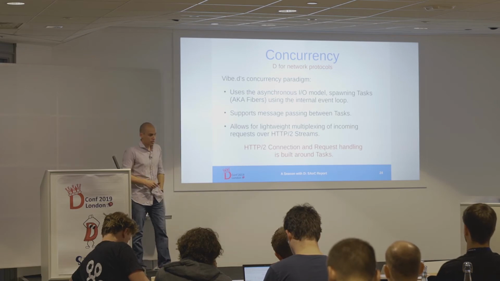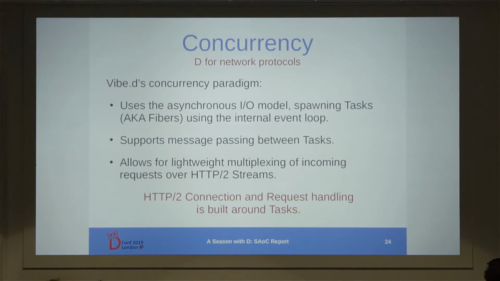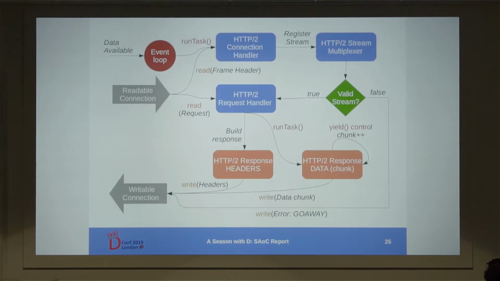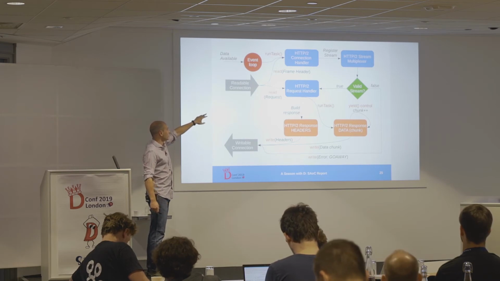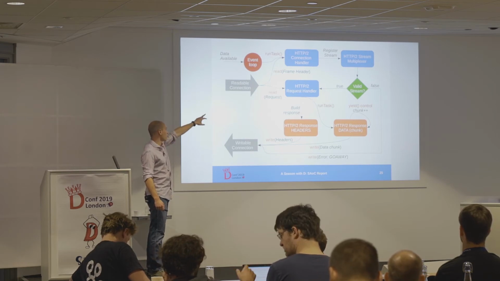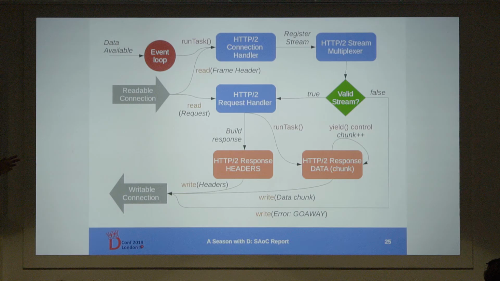We used concurrency in a way to exploit the asynchronous I/O model, and we support message passing between tasks. We built this architecture for the HTTP module, which is made of the Vibe.d event loop, which for each connection spawns a task using runTask, and passes everything along with the frame header to an HTTP connection handler.